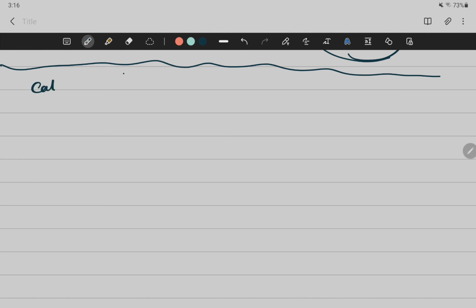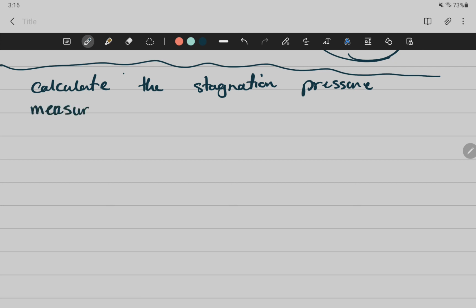We want to calculate the stagnation pressure measured by a pitot tube on an inclined ramp.